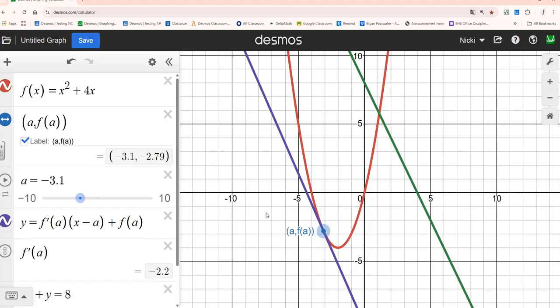But if it's calculator inactive, how am I going to think about doing this? Much more difficult. So how do we know algebraically that two lines are parallel? They have the same slope and different y-intercepts, because if they have the same y-intercept, they're the same line.